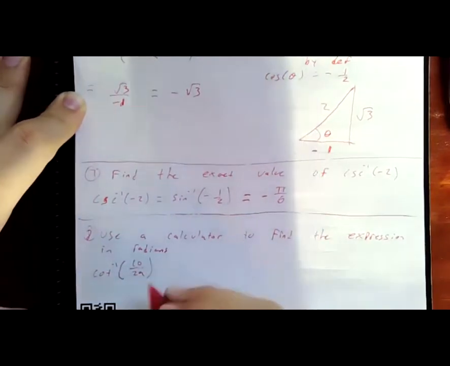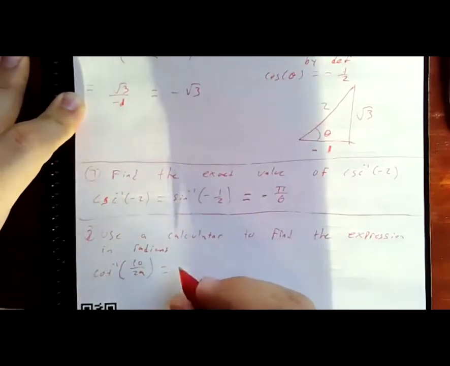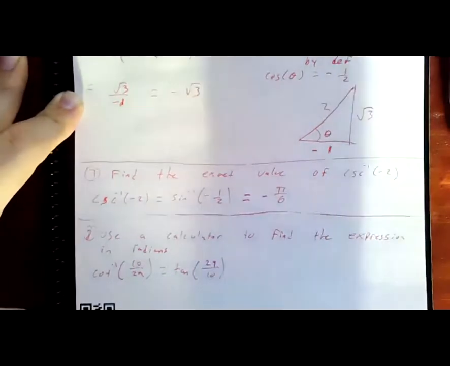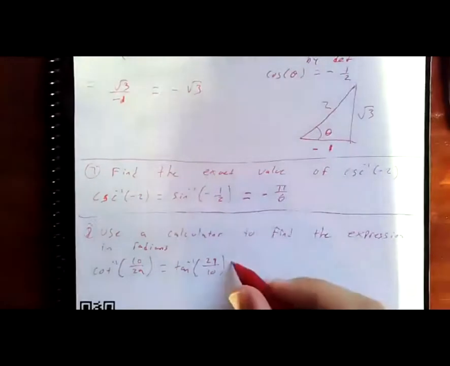You can use the same property we used before. So the reciprocal would be tangent inverse of 29 over 10. Use your calculator, you should get about 1.24.